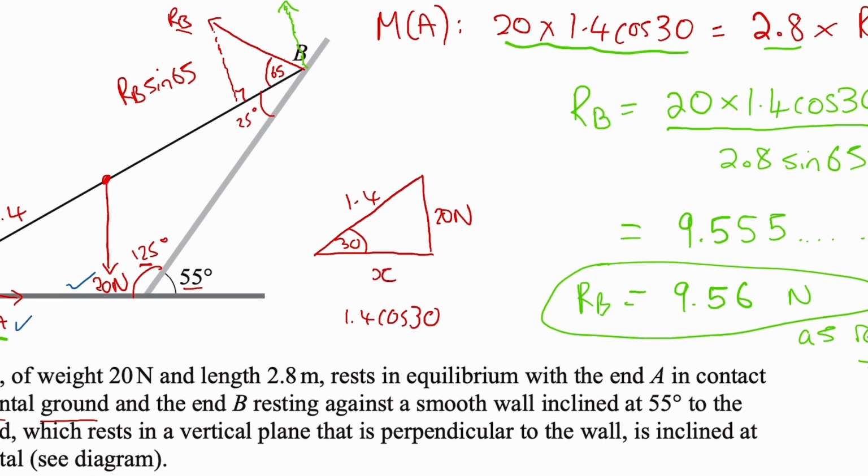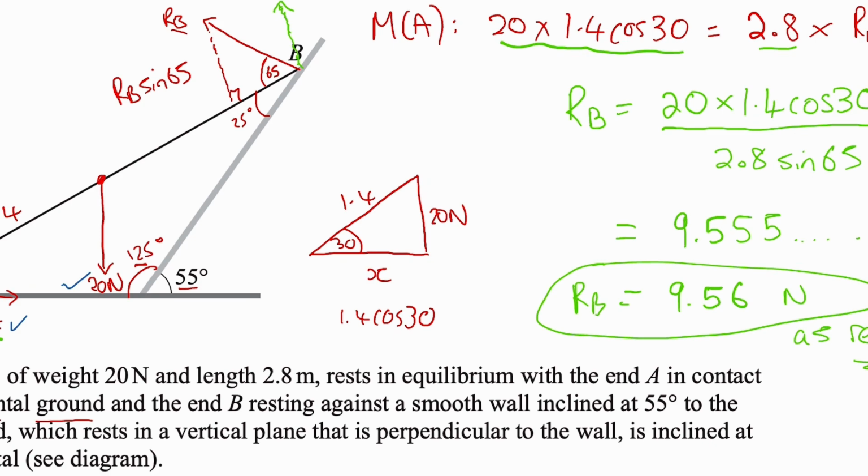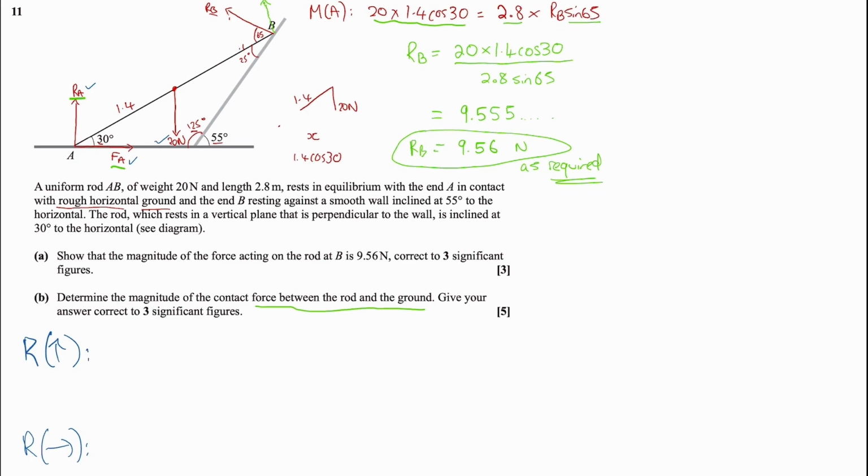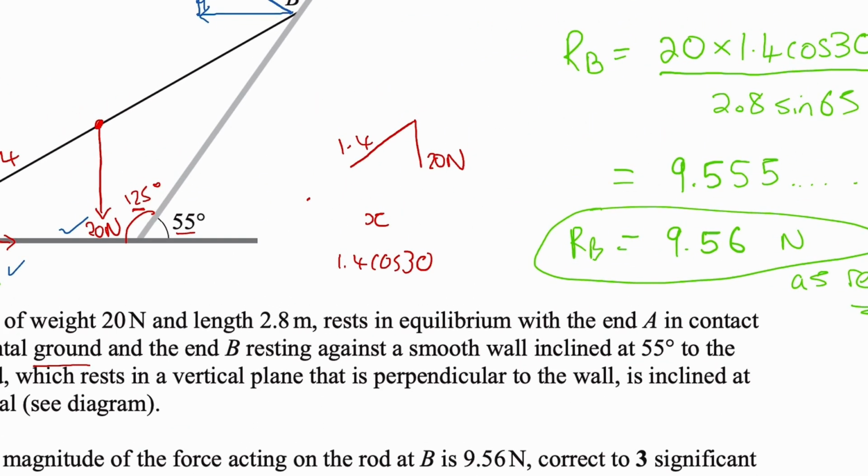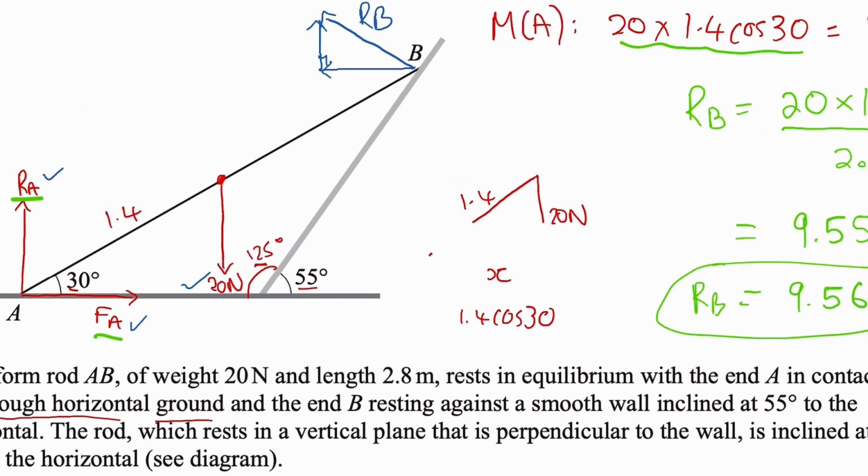So let's zoom in, and I'm going to rub a little bit out and start again. We know that the reaction acts perpendicular to the wall, and we know what it is now: it's 9.56. So the components we need now are the horizontal and the vertical, like so. Again, we've got to do a little bit of angle chasing. Last time we saw that this angle here was 25 degrees.